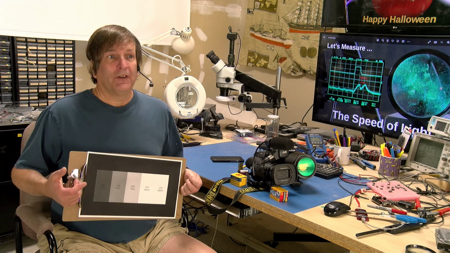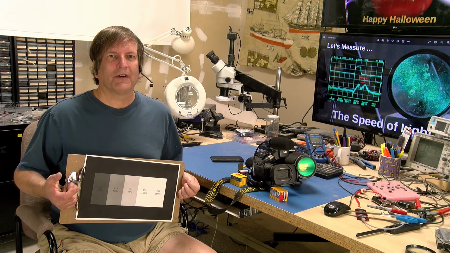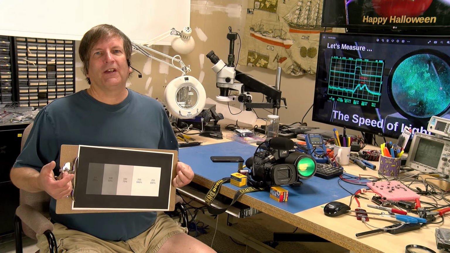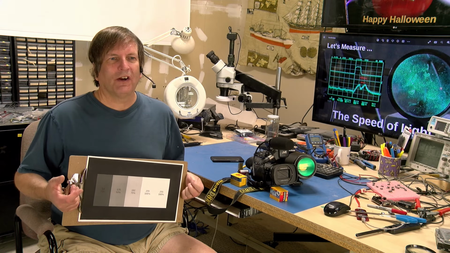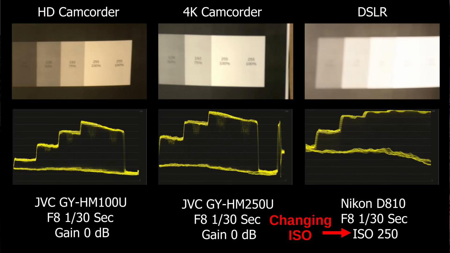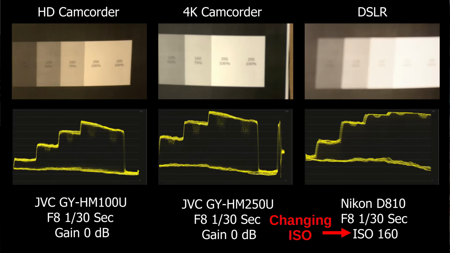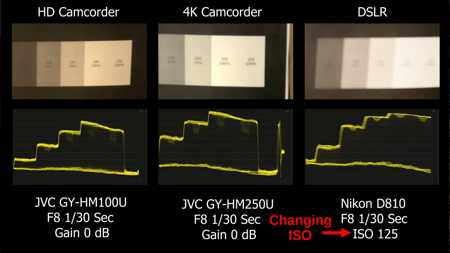And what we're going to do now is take the waveform monitor as I change the settings in the DSLR and watch and see which ASA settings, or ISO settings I should say these days, best corresponds to what was seen in the waveform monitor for each of the two camcorders.